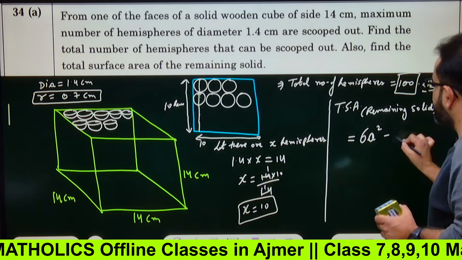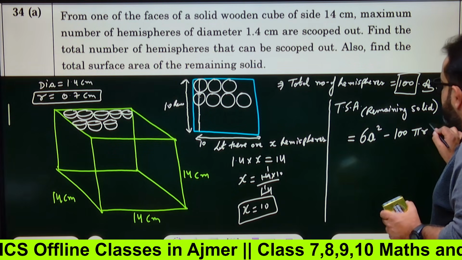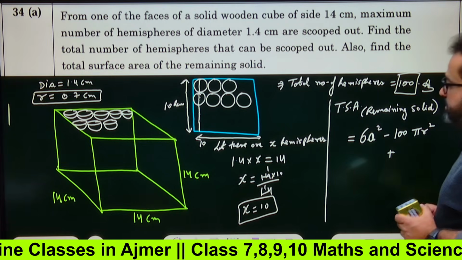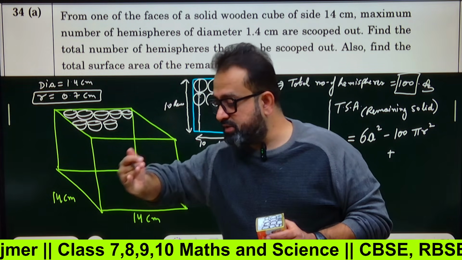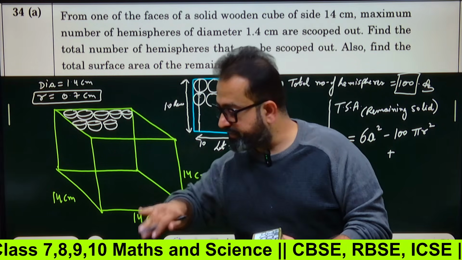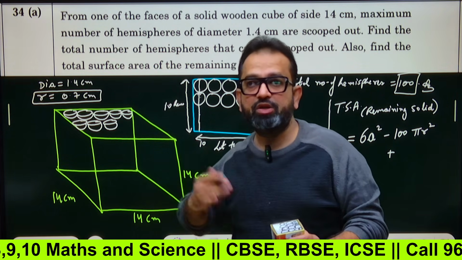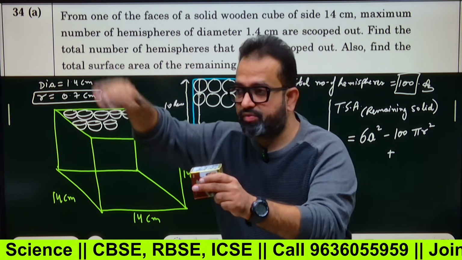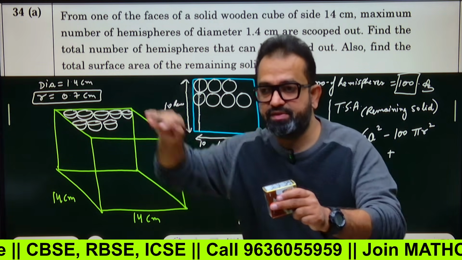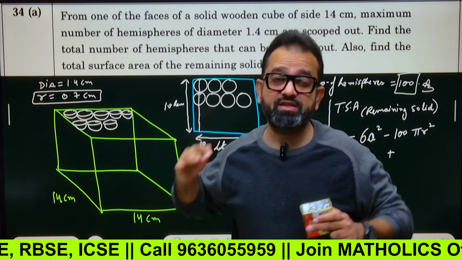So 6a square minus 100 pi r square, plus there are 100 hemispheres created on the square surface of this solid cube. Got the point? Like this 1, this 2, this 3, this 4, 5, 6, like this 100 hemispheres have been created.